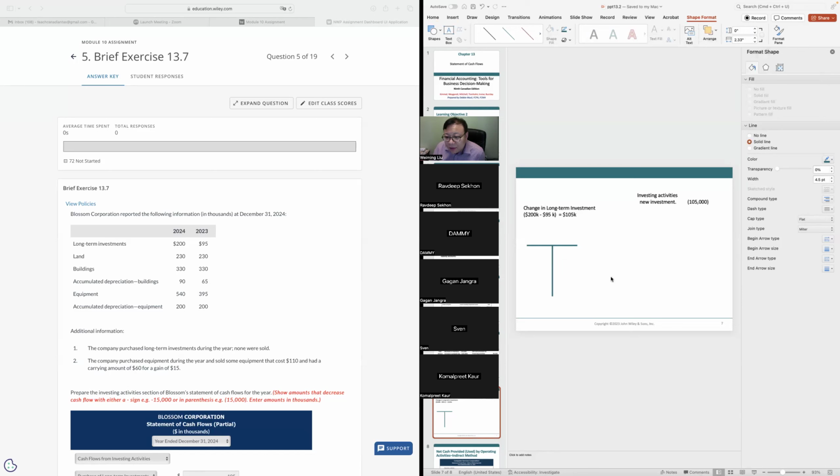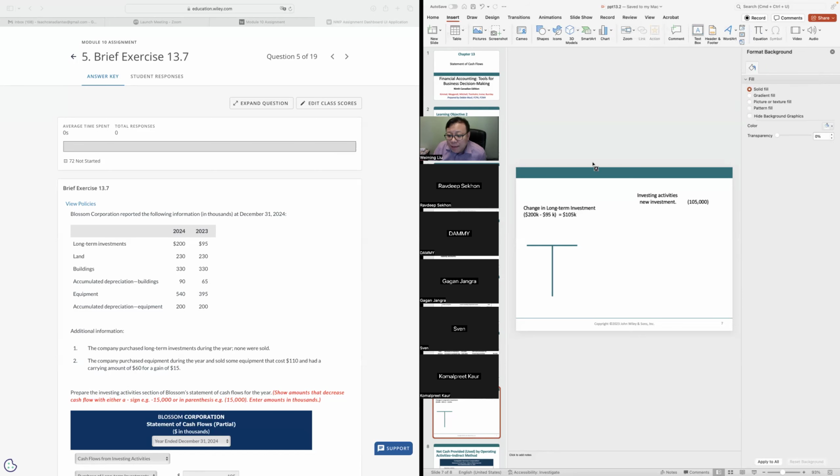So I have a T account here, and this is going to be equipment cost, right? So I start from 395. My starting position is 395, right? They said the company purchased equipment. So how much did that cost, the new purchase? I don't know. Sorry, I put it in the wrong side.